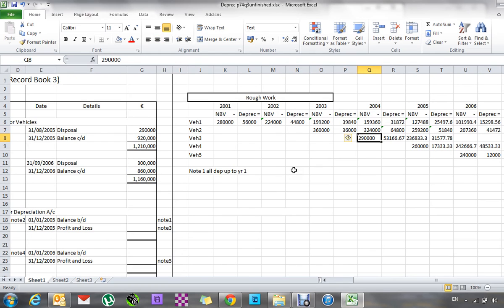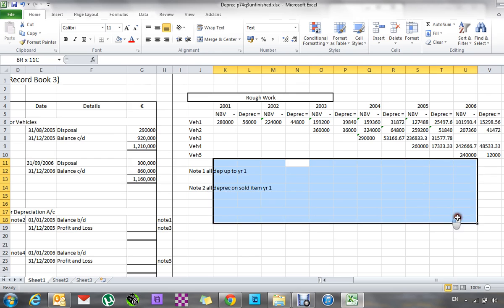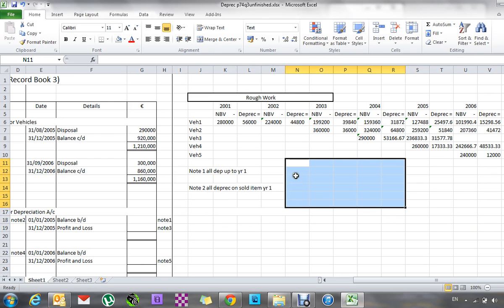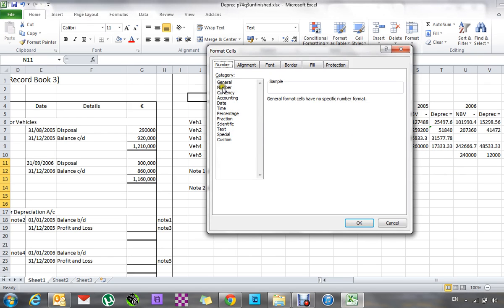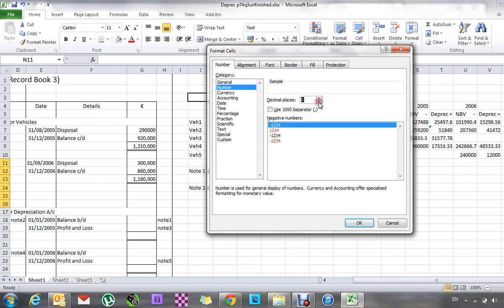Then note number 2 is going to be the depreciation on the item I sold, so I'll put that in. Okay, so just making sure all of these numbers are formatted as numbers, and we'll have no decimal places.